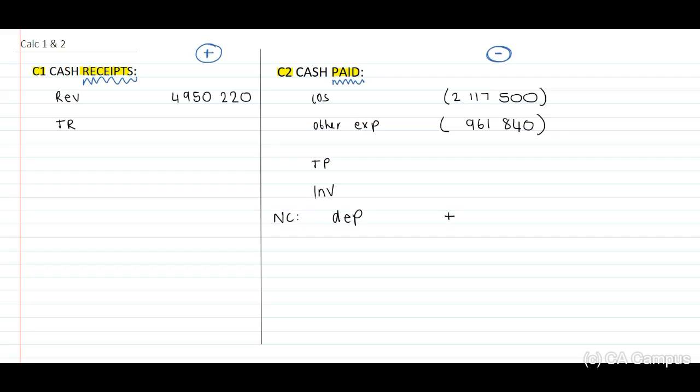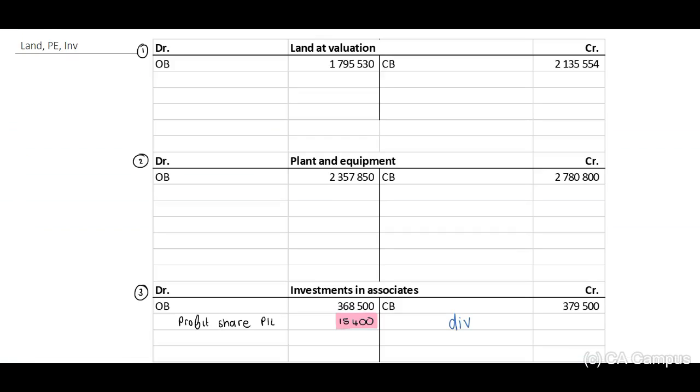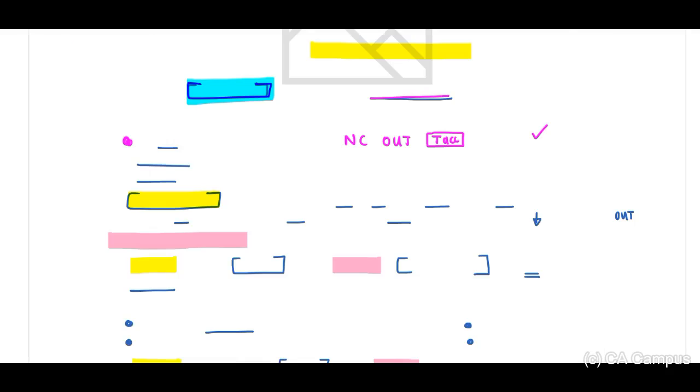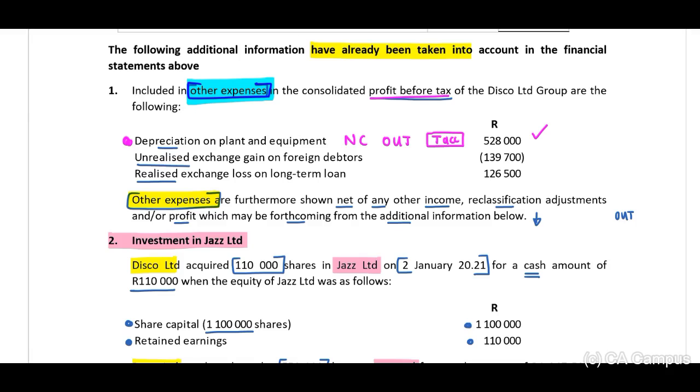This will be a positive 528,000. And I need to take this into account in terms of my recon of my T account. If there's any depreciation, on which side do we include our depreciation? On the credit side. Therefore, our depreciation for the year will be the 528,000. And I'm able to tick off the amount.